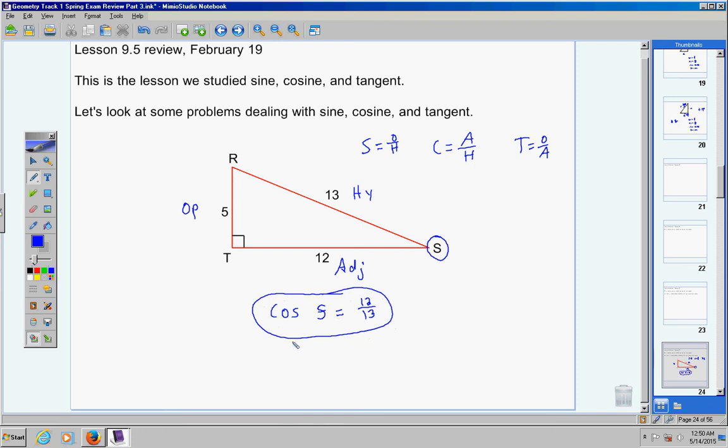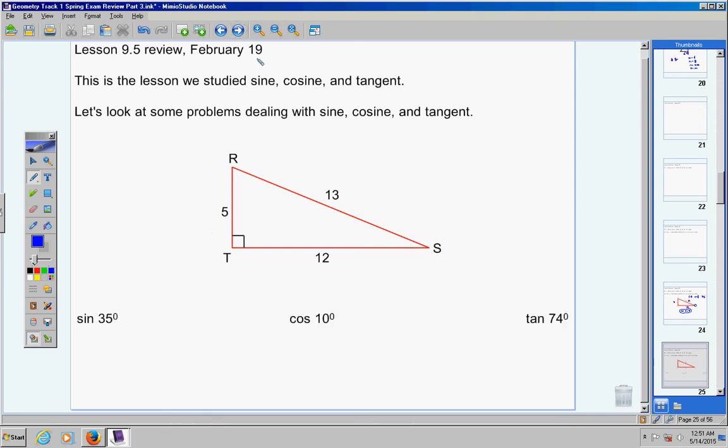Okay, so really, students, not too bad. So make sure you know how to use trig ratios with right triangles. Okay, now sometimes I won't give you a right triangle. Sometimes I'll just give you numbers like this. And of course, that's where your calculator comes into play. Okay, you've got to use your calculator. Now remember, sometimes your calculator can be in degrees.